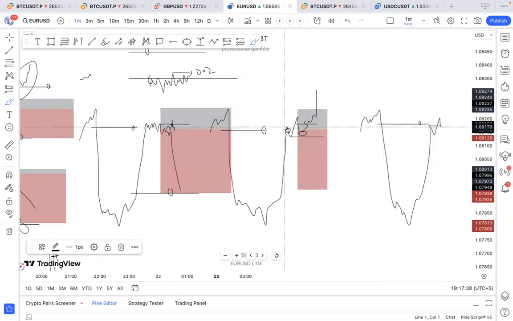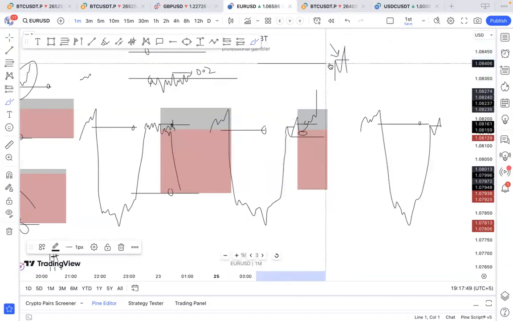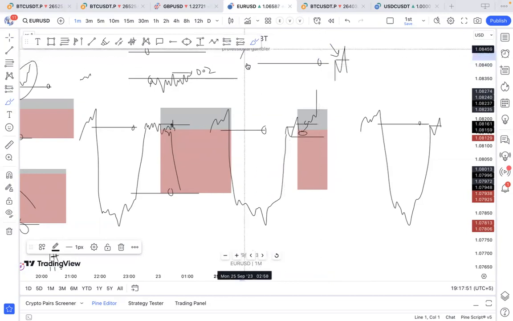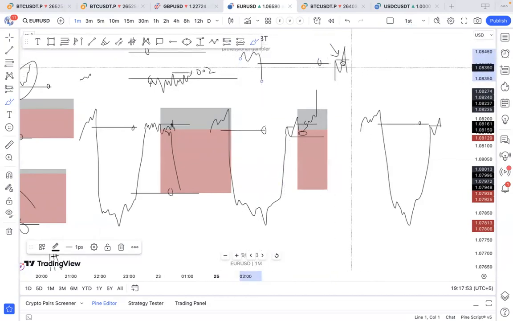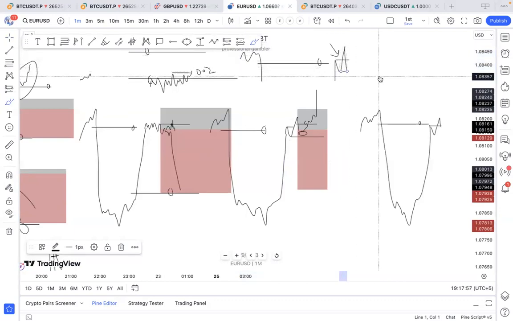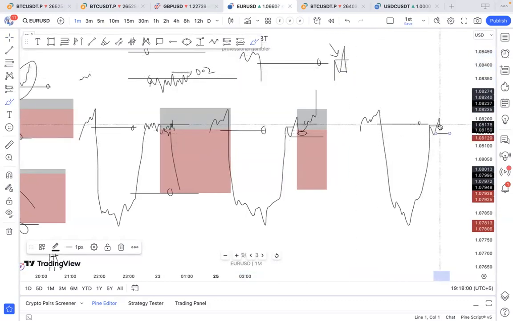I think people short this because it's a very quick reaction. So people think, okay, we've SFP'd into a higher time frame short POI, we took the highs, but they don't understand that there is no follow up, or it was simply a bait, and then they eventually get stopped out.